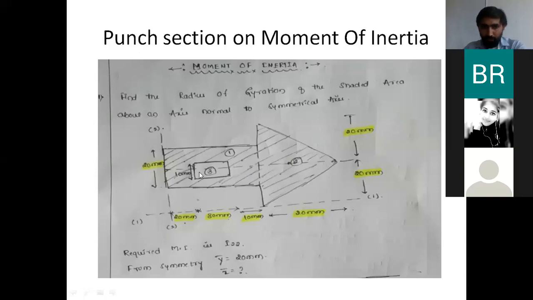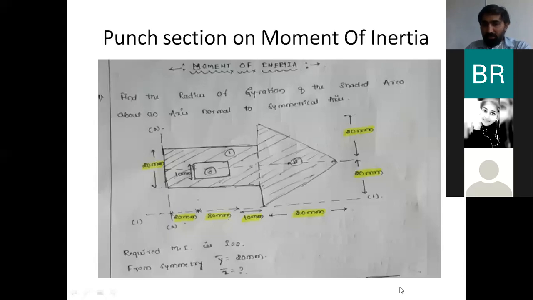Now I need to find out what the x bar involved is, because the moment of inertia is a continuation of the centroid. The centroid we call the first area moment, and the moment of inertia we call the second area moment.